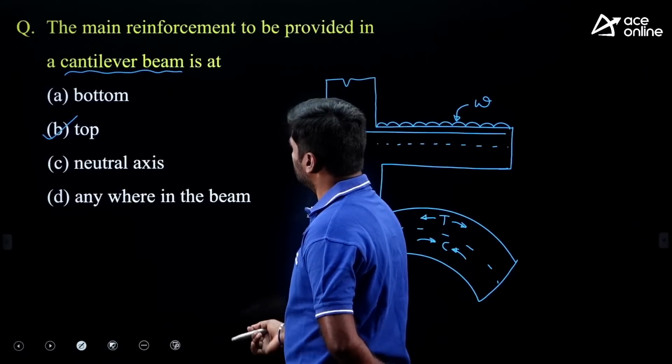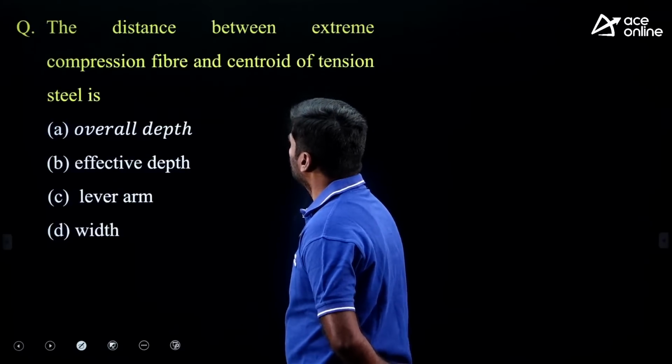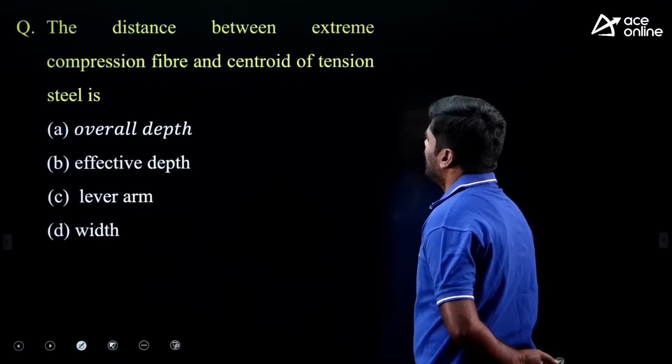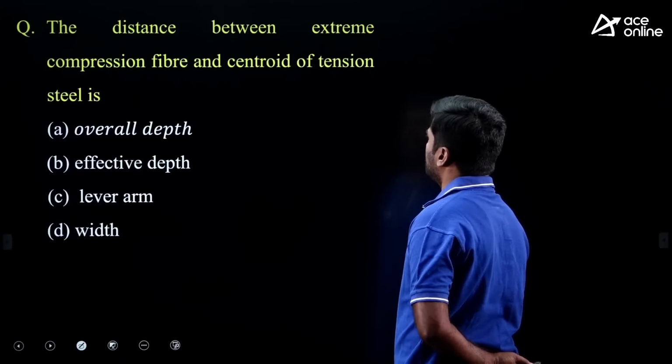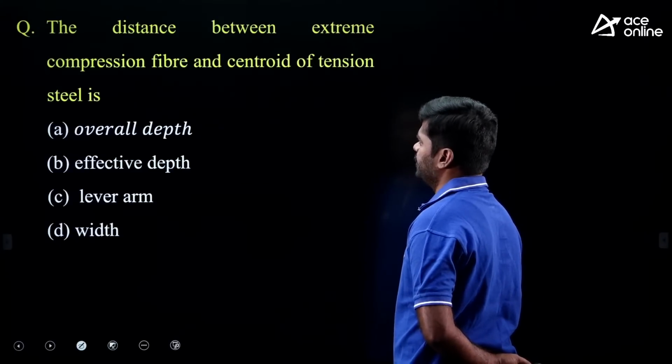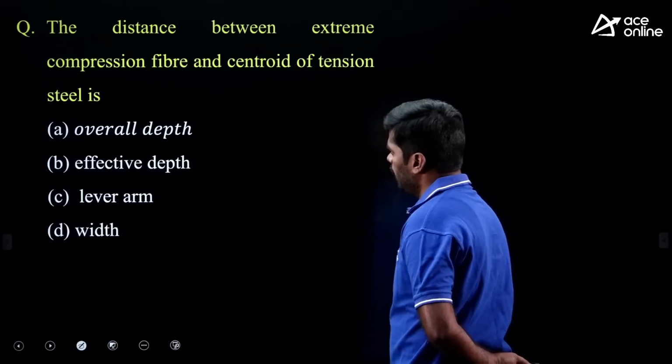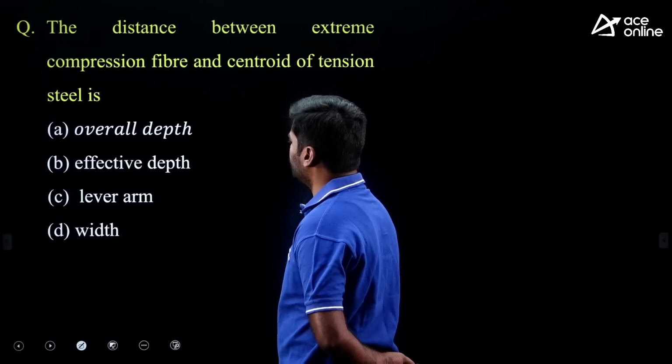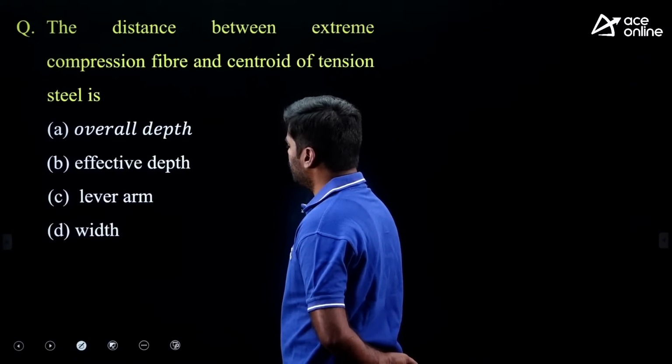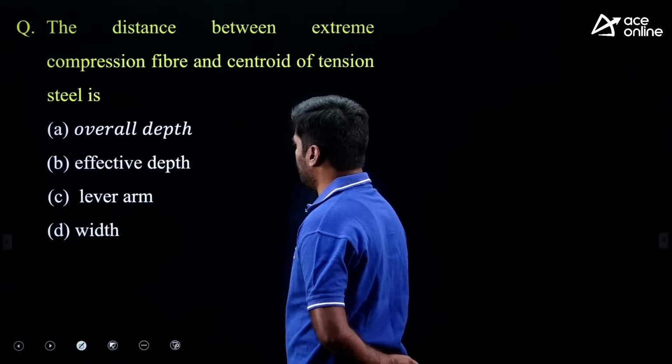Come to the next question. The distance between the extreme compression fiber and the centroid of tension steel is, good question. Options given: A, overall depth, B, effective depth, C, lever arm, D, width.